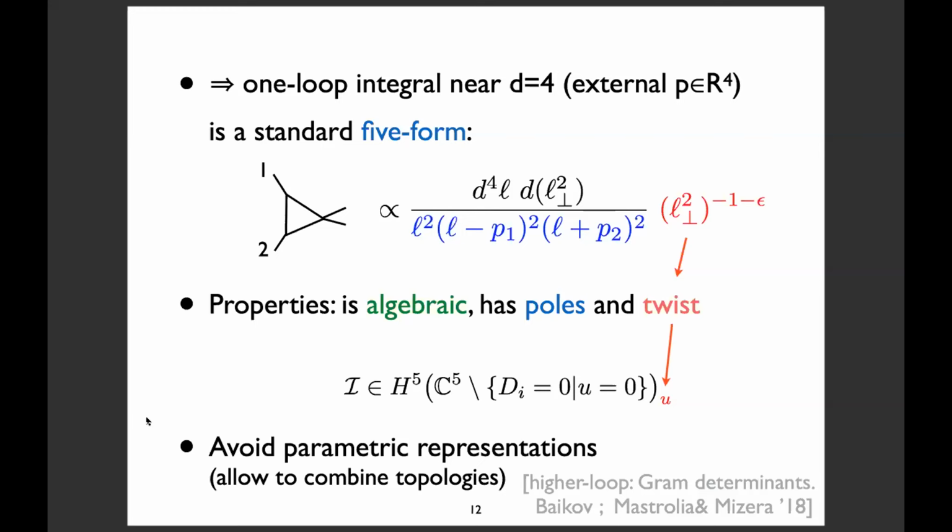And I think it's okay to just give the straight answer. A d-dimensional integral is defined by this, and it's clearly well defined. That's what we mean. And of course, the definition generalizes to higher loops. One has some Gram determinants. It's closely related to the Baikov representation. There's a nice derivation in this paper. You can read about that.